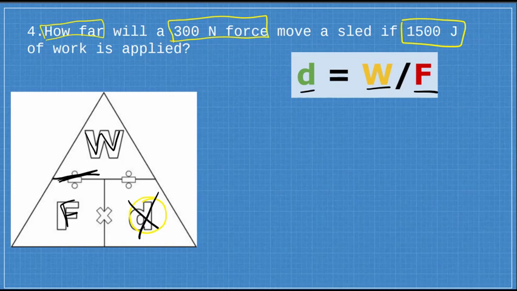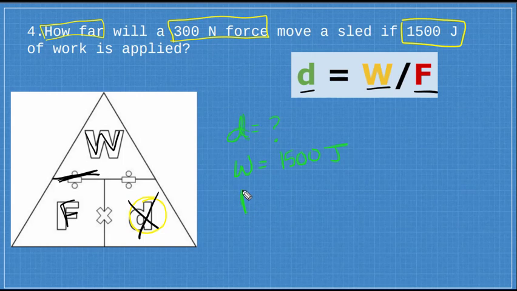So I'm trying to find distance here. Oh, this color doesn't work well. Let me see if I can find a color that we can see better. Alright, so I'm trying to find distance. I'm told that my work, where work is measured in joules, is 1,500 joules.